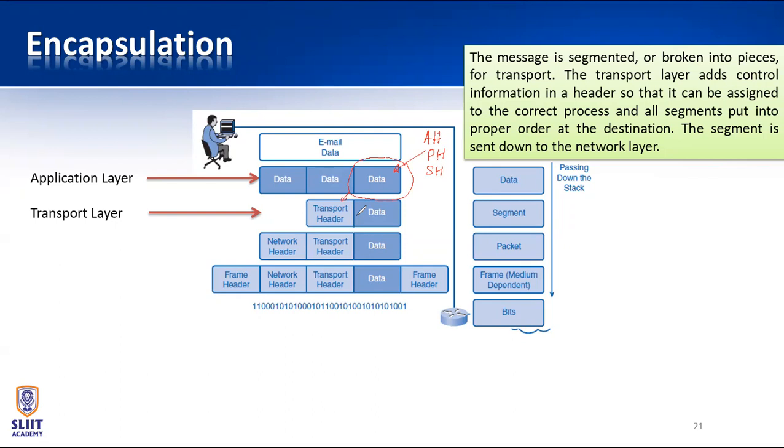If you are not capable of reading the correct information, it will be a problem. So to read the correct information, you should assemble the data packets in the correct order, right? So there should be a proper sequence number. This information will be handled by the transport header, right?